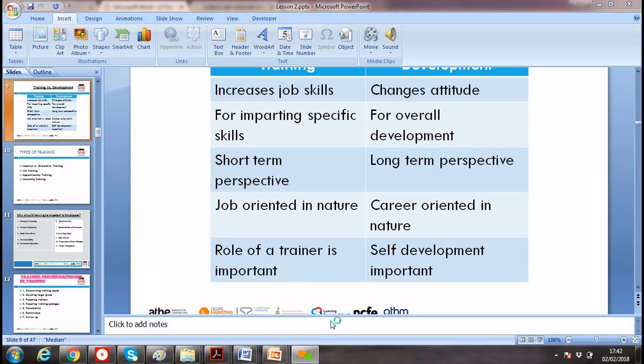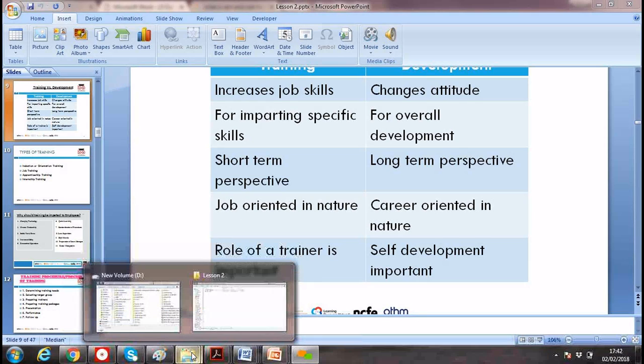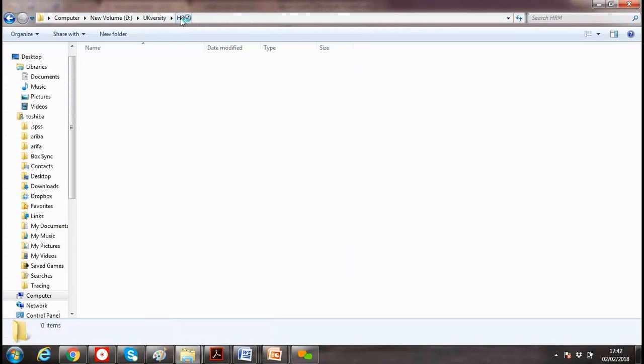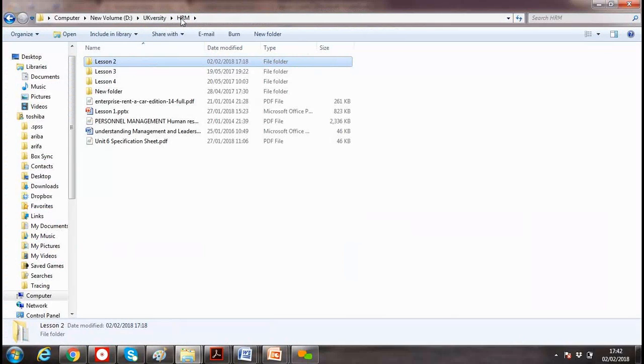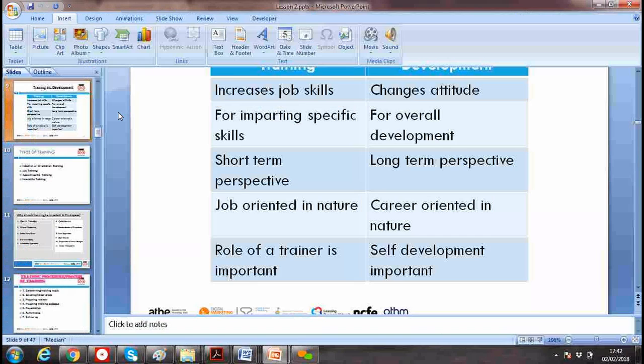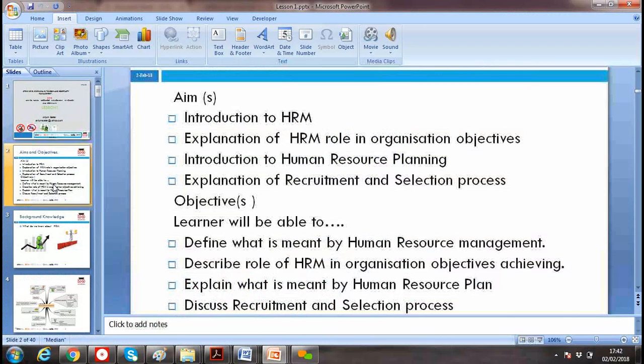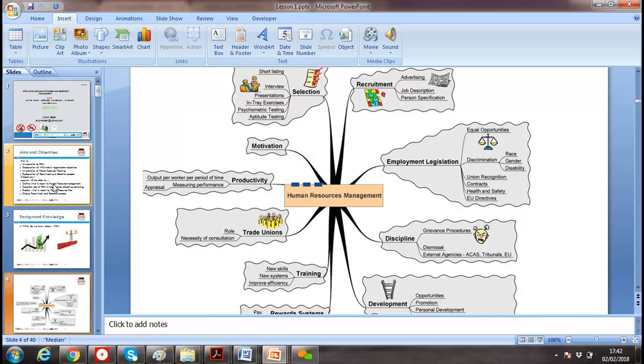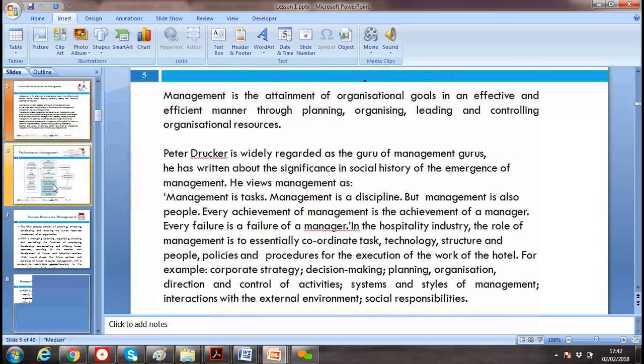Selection means taking and checking the ability of the individual, and recruitment is where the job design and advertisement happen: which newspaper will you use, which media to attract, the job advert, job description, job specification. Those are always included in the recruitment process.